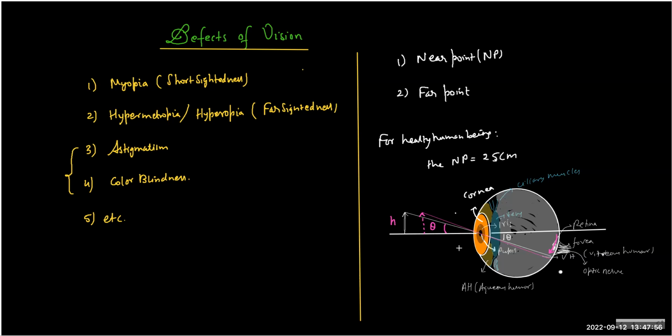NP means it is the nearest point at which, if the object is kept, you can see the object clearly and magnified, with the biggest angular dimension. The 25 centimeter is that distance at which we see things clearly and at the biggest size. Here, size means angular size. Is this clear now?